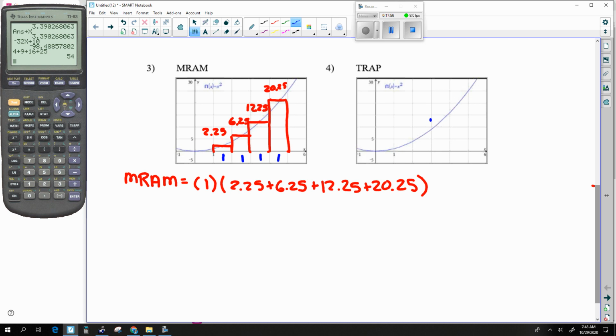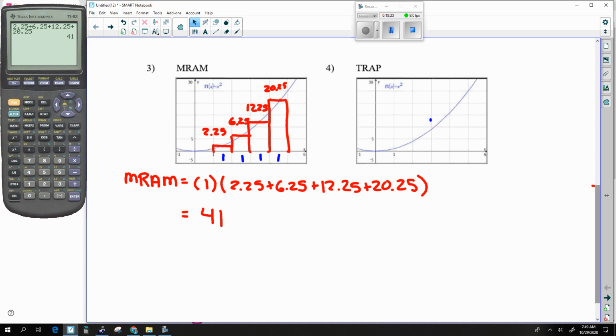Anywho, here we go. So this is 1 times all this stuff, so not a big deal. So this is 2.25, 6.25, 12.25, and 20.25. And these, the MRAM and the trap, are usually way closer of an approximation.